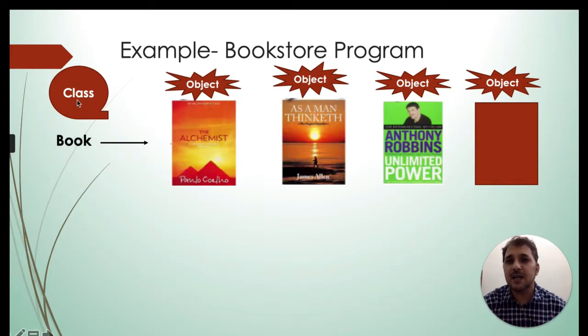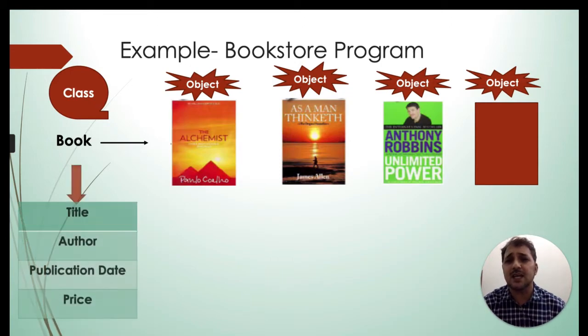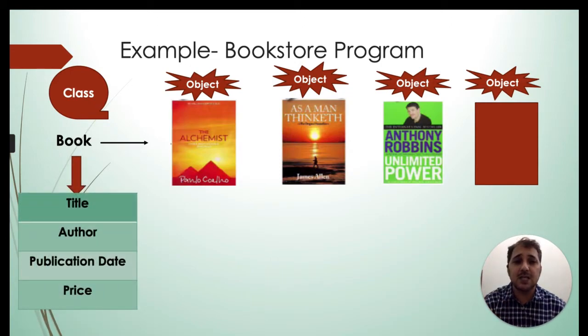So here the class is like a category. For example, you have different objects: books, students, other things. When you think about what category some specific object belongs to, that category will be the class. Then the next step comes: how to represent the class. Then abstraction comes in.